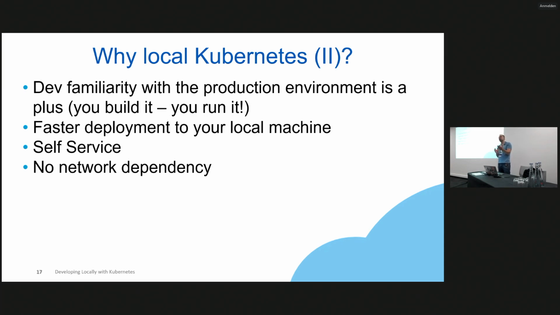Maybe it's not an issue with ChatGPT and Copilot anymore, but sometimes it's asking too much from developers. So again, it depends on your company, depends on the people, whether you want to go this way or not, but it helps to know how things run in production.